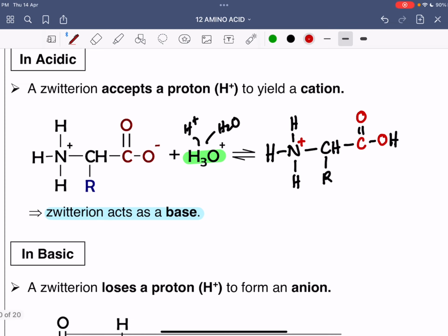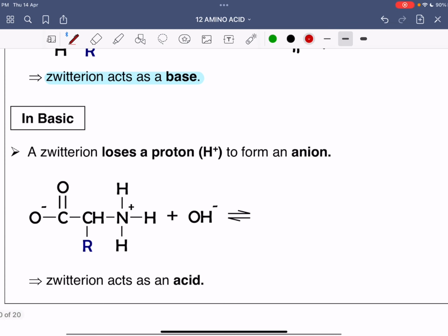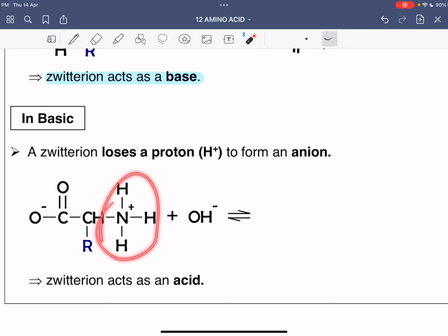But in case OH minus is added to the zwitterion, what will happen? Of course, it will react with the positive side.